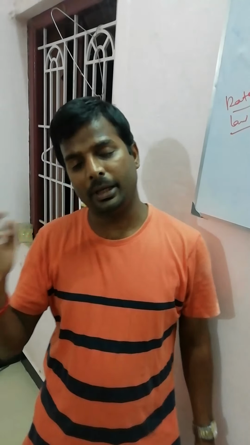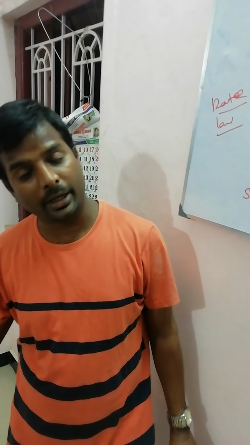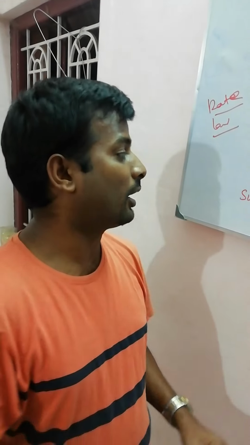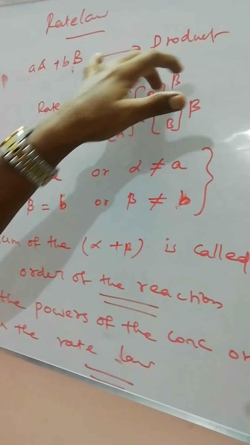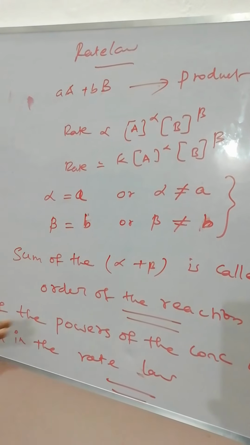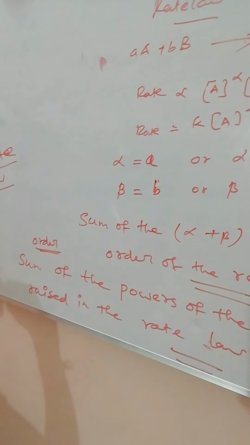To avoid this problem, we have introduced the terms alpha and beta. Alpha may or may not be equal to a, and beta may or may not be equal to b. These terms are called order. Order is nothing but the sum of the powers of concentration. That is how much concentration of A and of B is converted to product. When you add them, you get the order.